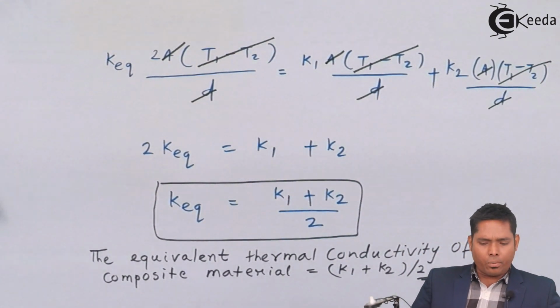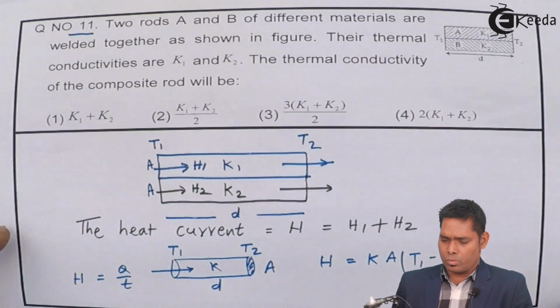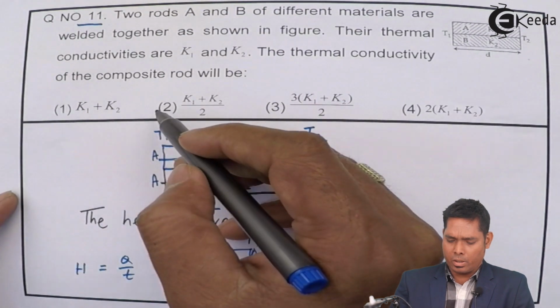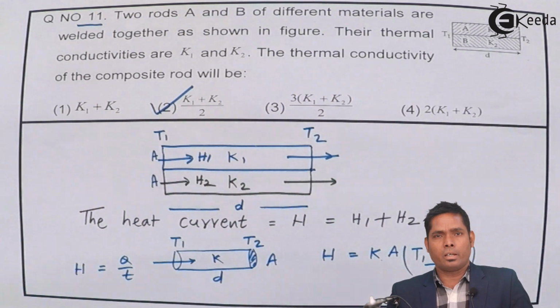If you see the options, K1 plus K2 divided by 2 is option number 2, which is the right answer to this question. Okay, thank you.